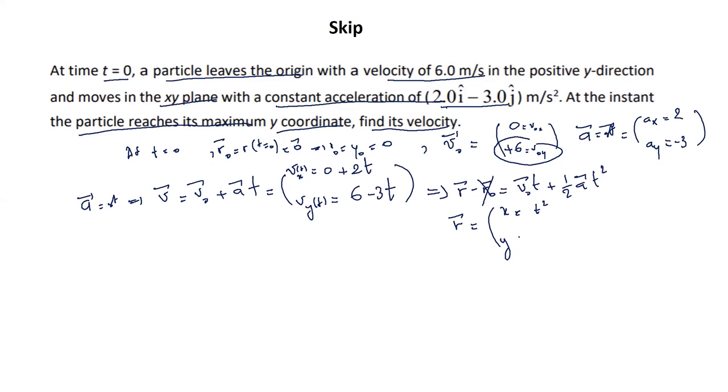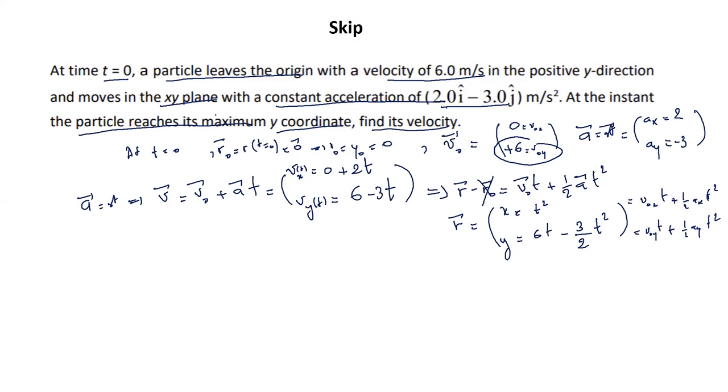And along y, I will have 6t minus 3 divided by 2 t squared. Here I just apply v0x t plus half ax t squared, and here v0y t plus half ay t squared. So I just apply it here to my problem.